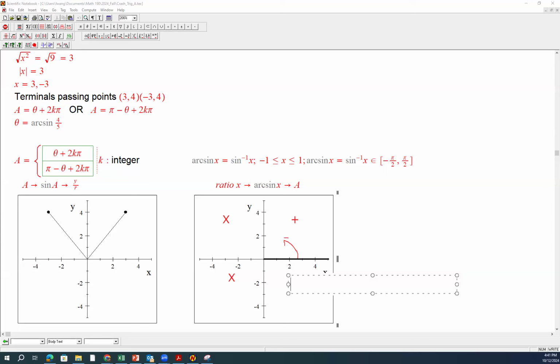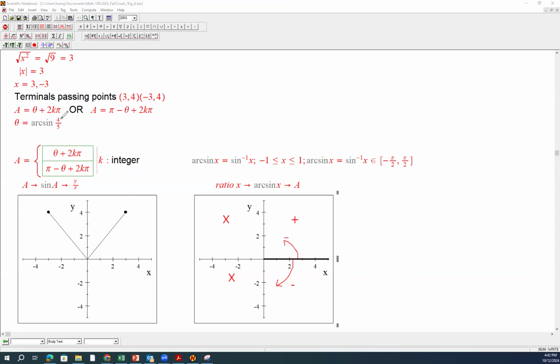For negative ratio for arcsine, the angle will be measured clockwise. And it doesn't go beyond the y-axis. So the angle is only either from negative pi over 2, measured this way clockwise, or measured counterclockwise. Okay, so that's arcsine.